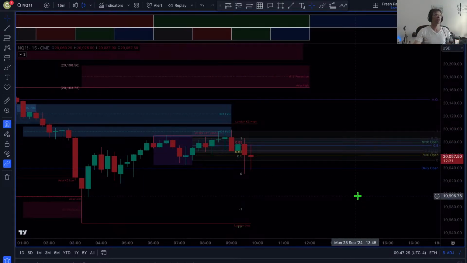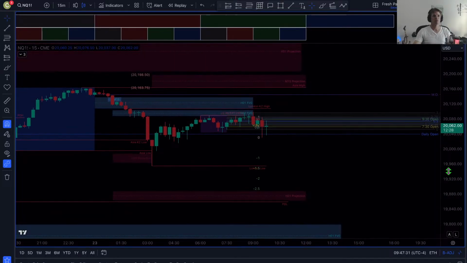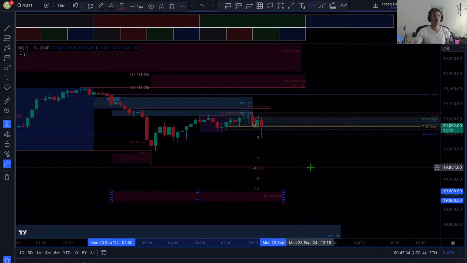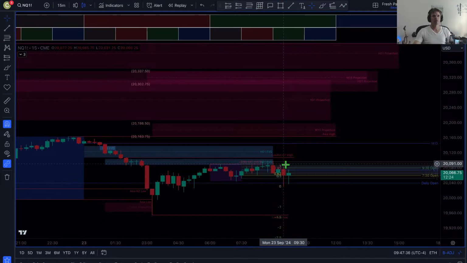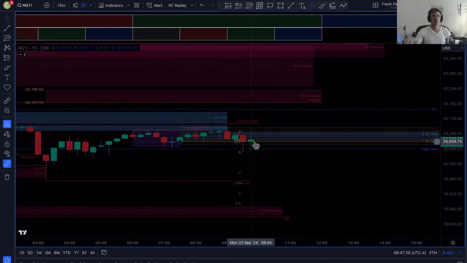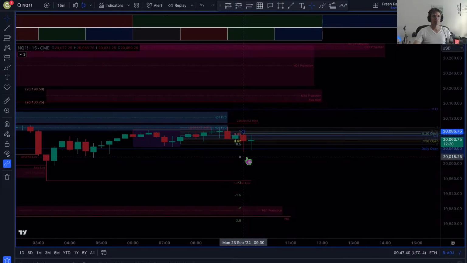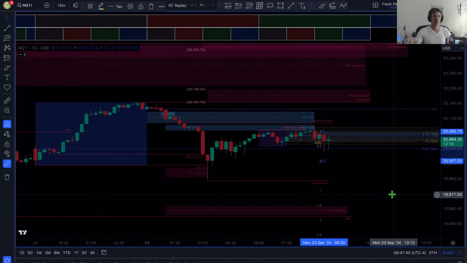Go back to our H1 objectives on that. We do have this potential down here. If we look at this as our JDRS, I'd almost like to see it extend further and close down, and then give us like the 1.5 target right to that.